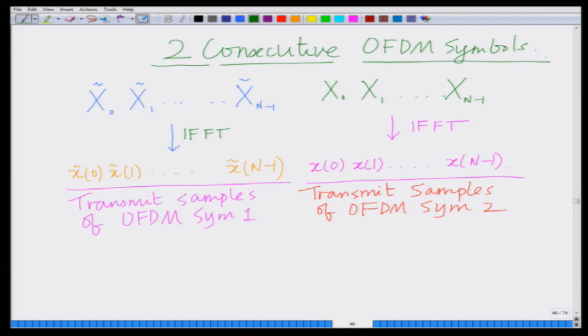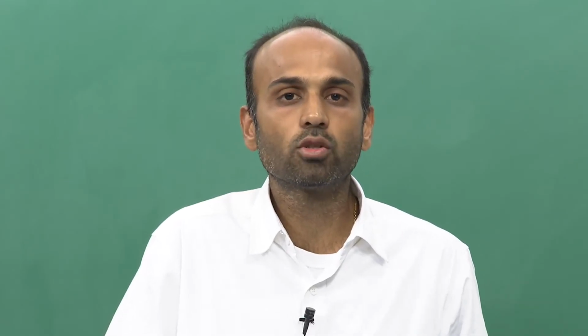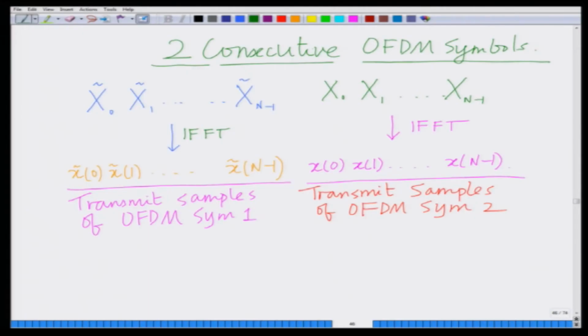The symbols capital X tilde 0, capital X tilde 1, so on until capital X tilde n minus 1 are the symbols of the first OFDM symbol, which are loaded onto the various subcarriers. We take the IFFT to generate the transmit samples, which are small x tilde 0, small x tilde 1, so on until small x tilde n minus 1.